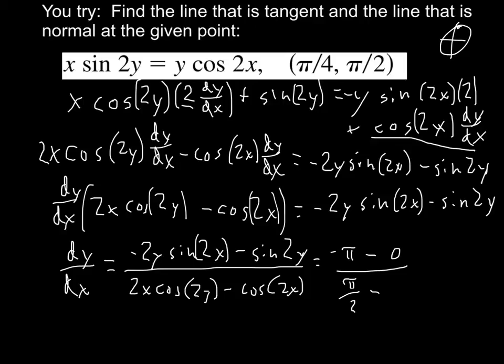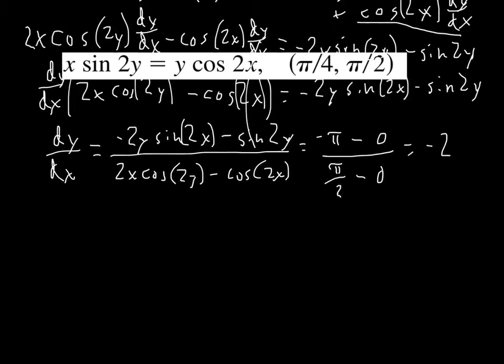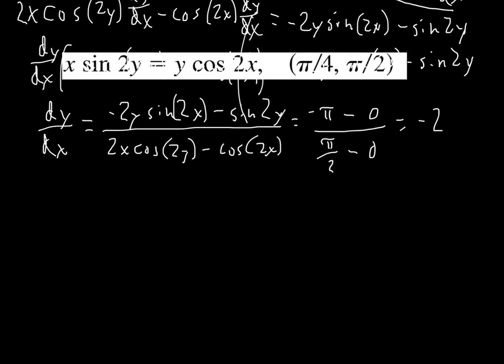Cosine at pi over 2, since 2 times pi over 4 is pi over 2, is 0. So this equals, copy dot flip, negative 2. So my slope for this situation would be negative 2.